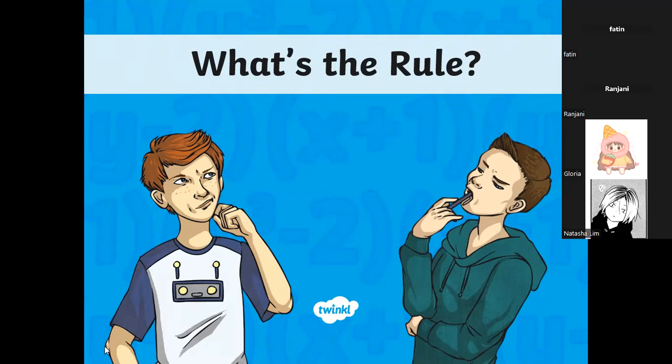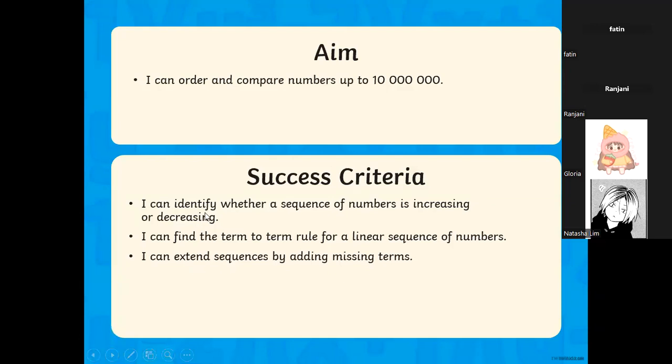So you see, by the end of today's lesson, what are you supposed to learn? I can identify a sequence, whether it's increasing or decreasing. You guys can do that. I can find the term to term rule for a linear sequence of numbers. I know this part is confusing, never mind.